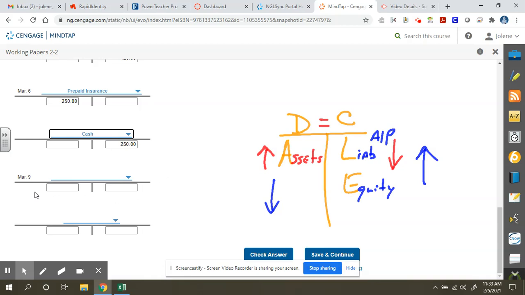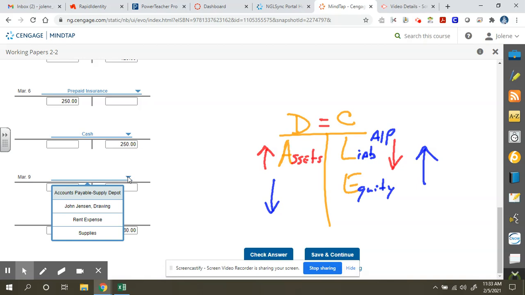Now we go to March 9th. Paid cash on account to Supply Depot. $80 and $80. So here it says accounts payable Supply Depot, John Jensen drawing, rent expense, and supplies. The transaction says paid cash on account to Supply Depot. So the only one it mentions is Supply Depot.